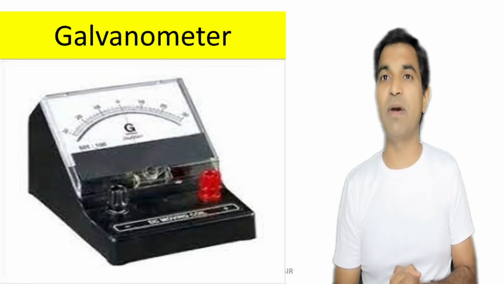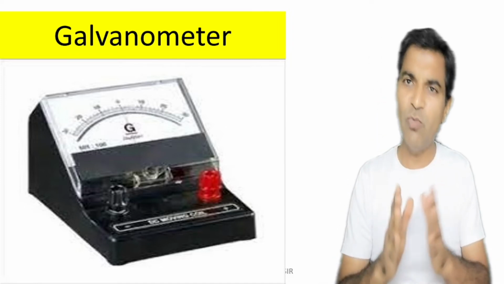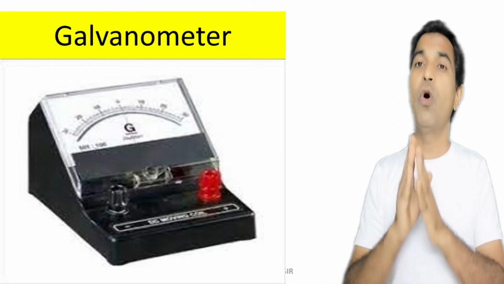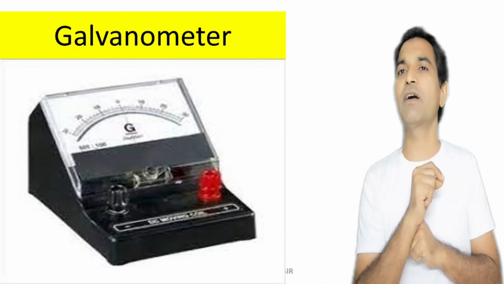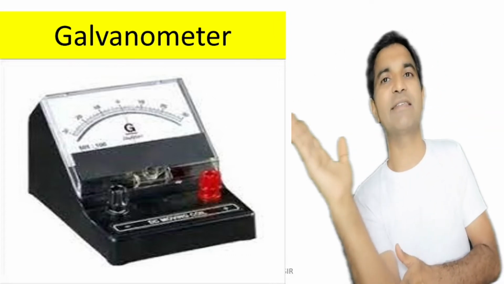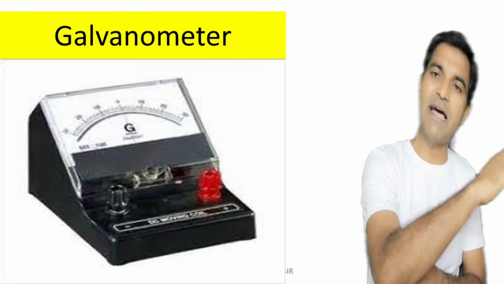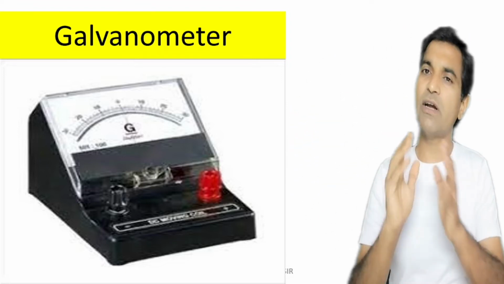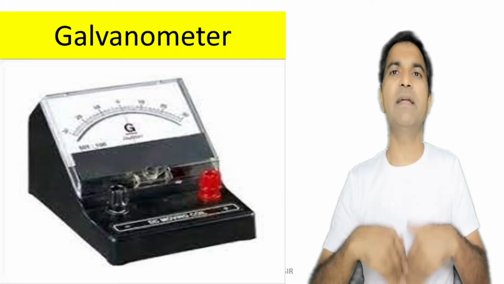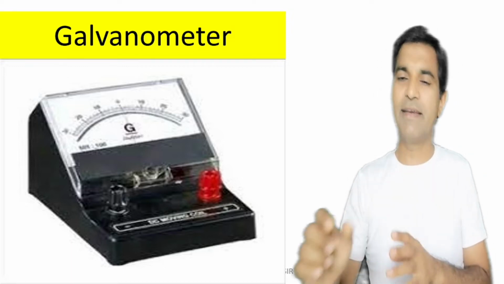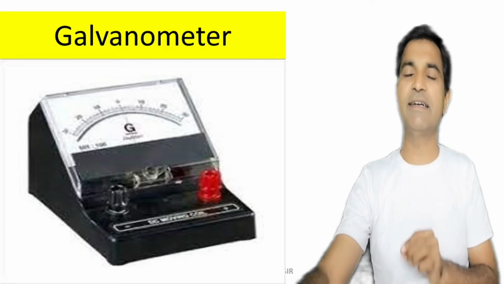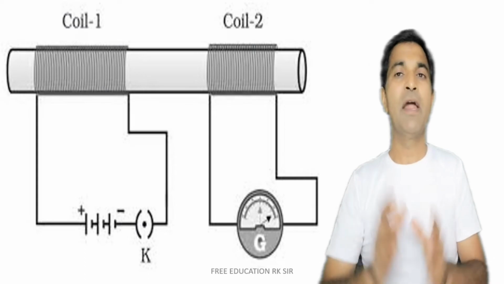Ammeters are used for the measurement of the current, but galvanometers are very primitive devices which are generally used to see the direction of the current flowing in the circuit, whether the direction is positive or negative, in this direction or that direction. So the direction of the current is primarily detected with the help of the galvanometer. Galvanometer is a direction detecting device for the current.